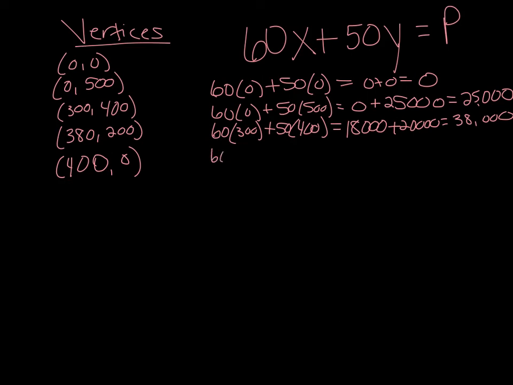If we make a little more at plant A, so the 380 and the 200, that's 32,800.